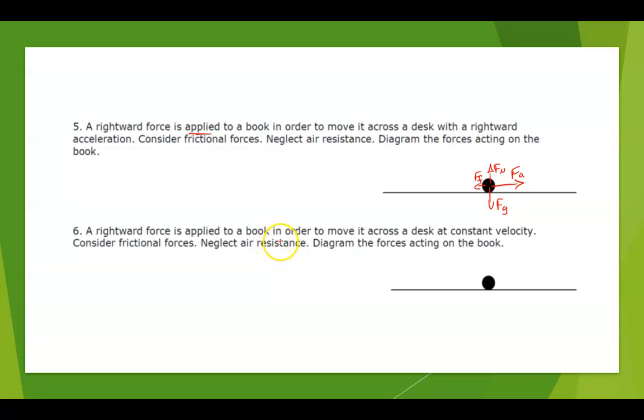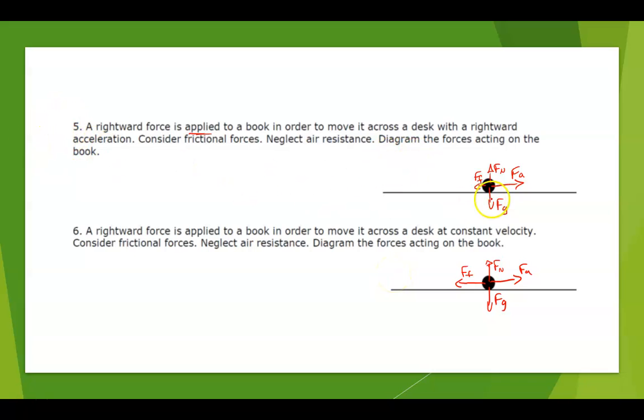If it is moving at a constant velocity, however, that applied force and the force of friction should be the same length. Again, we have the force of gravity and the normal force acting upon this.